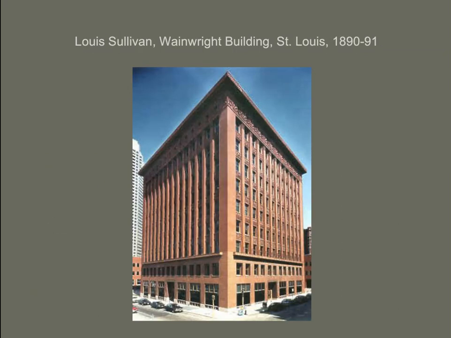Construct a steel cage and then add a sheathing, which is what they did with the Wainwright building. It's the first fully modern building, the fact that it has elevators in it. It's made out of steel, shade, and masonry. And you can see they borrowed from Roman pillars. So even on this modern building, you're still seeing some of that influence from classical times.